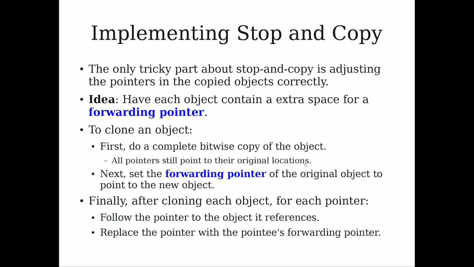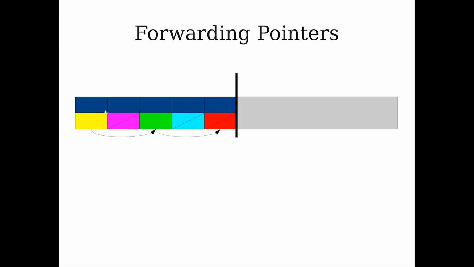So your object yellow got into new space, but its next pointer might still keep pointing to the pink object in the old space. Once we have copied all objects from old to new, then we will properly set the forwarding pointer. I will just show you the animation. It will hopefully make things clear. So now this is an extra space for keeping track of the forwarding pointer.